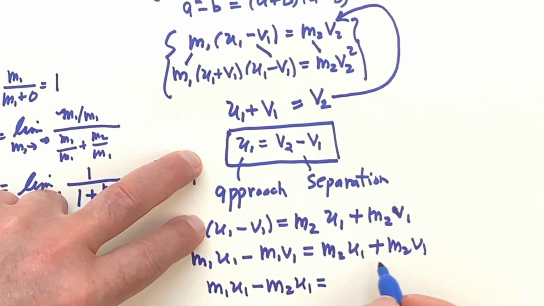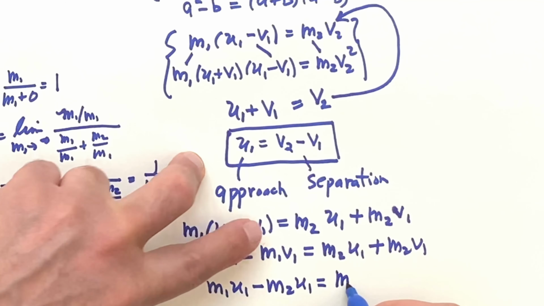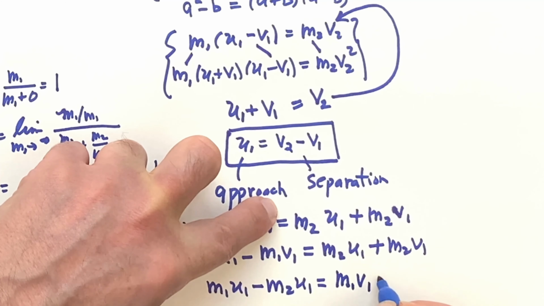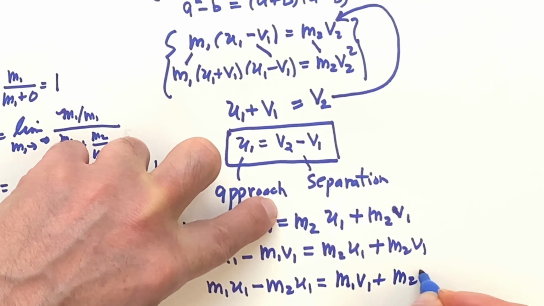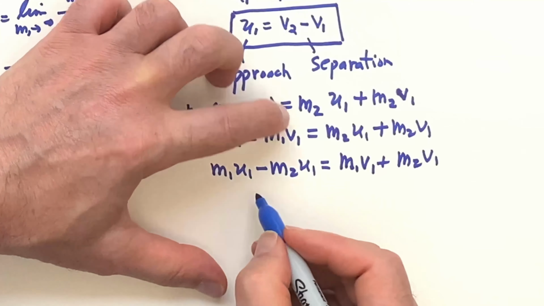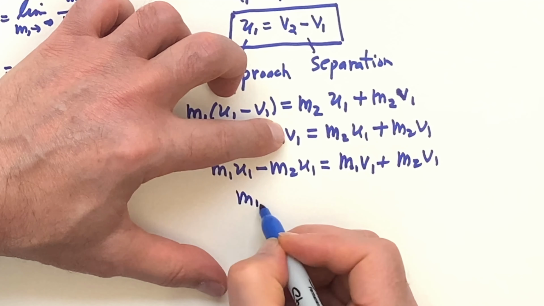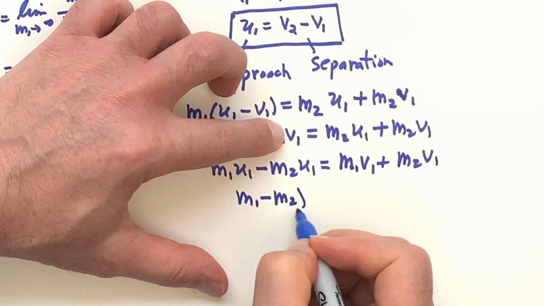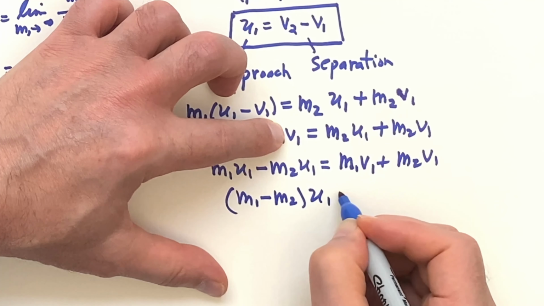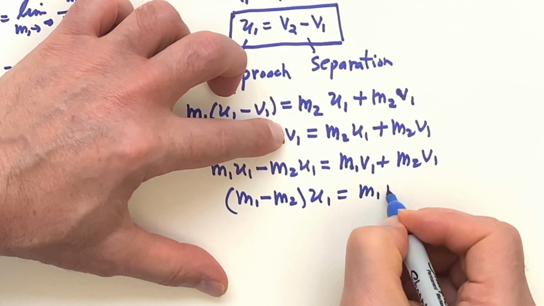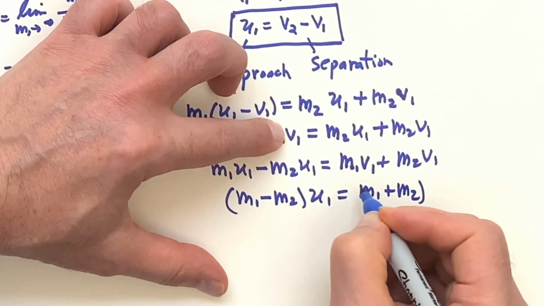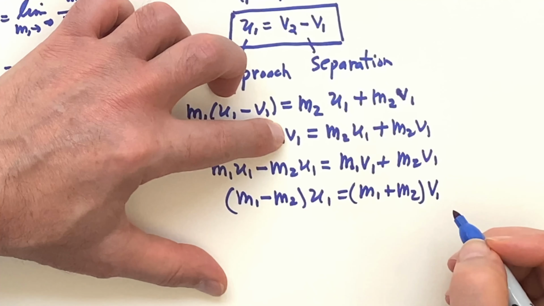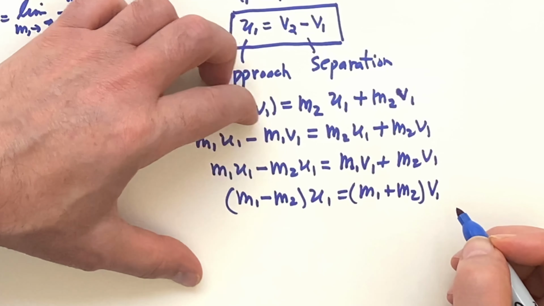And if we bring this over to the right, we're going to add. Okay, so here we have (m1 minus m2) times u1, and here we have (m1 plus m2) times v1. So now we have our equation here.